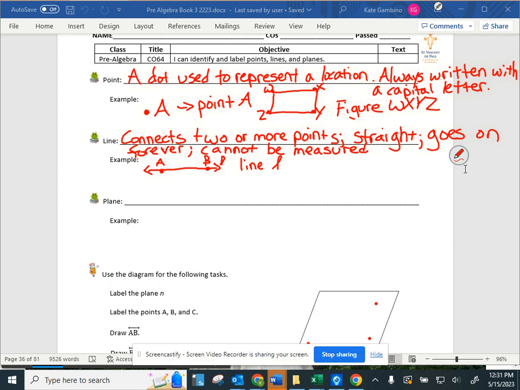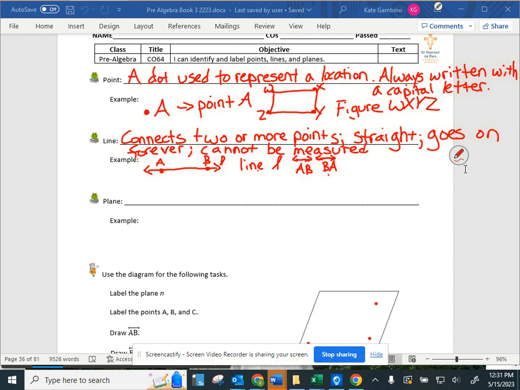It's not line AB because that's just our points. If we saw AB with the arrows above it, then we know that it's a line. All of these three things are referring to this line that has the points A, B on it.